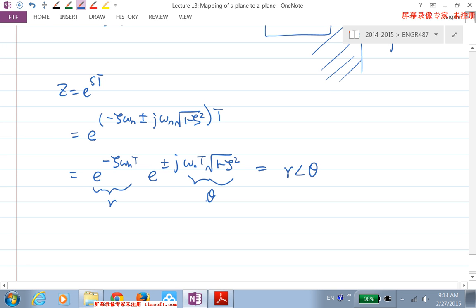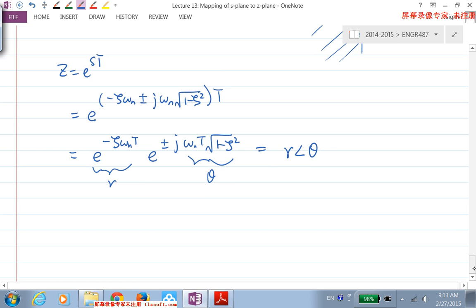Based on this relationship, you can see R is this and theta is this. R is a function of zeta and omega n, and theta is a function of zeta and omega n. So we can actually solve for zeta in terms of R and theta, which is pretty easy.